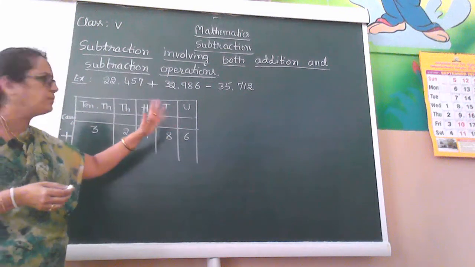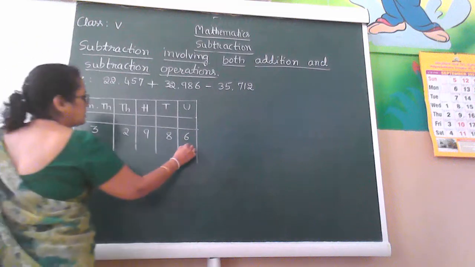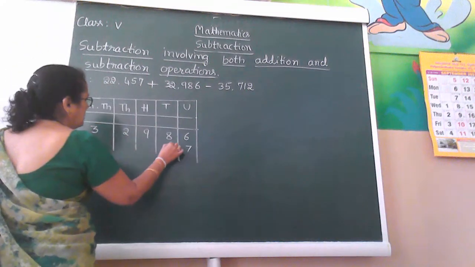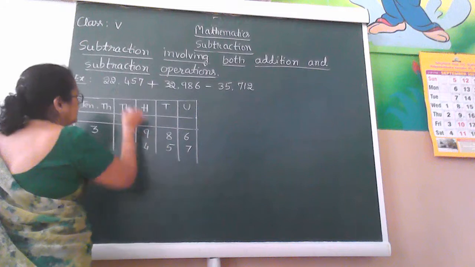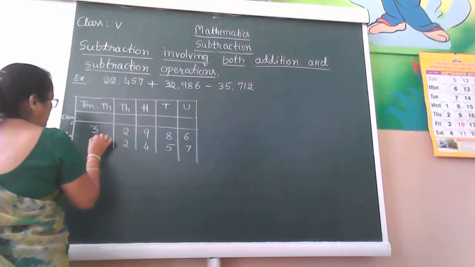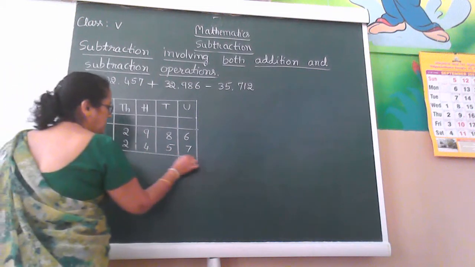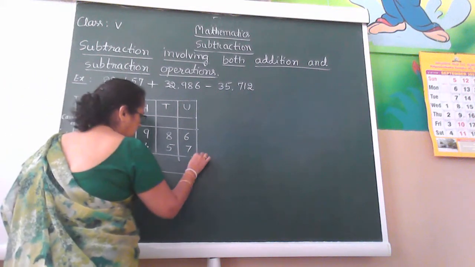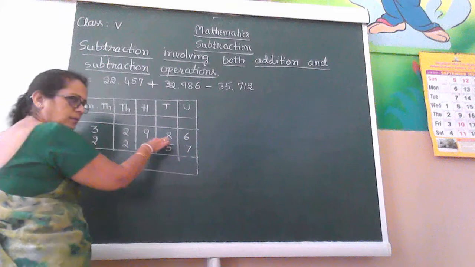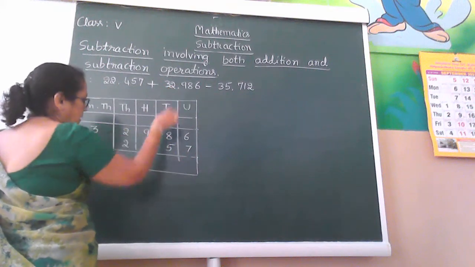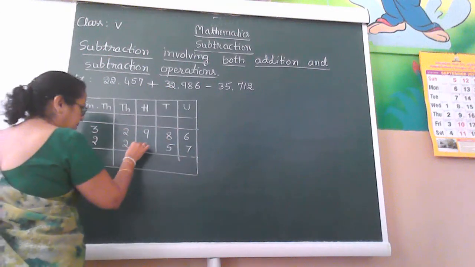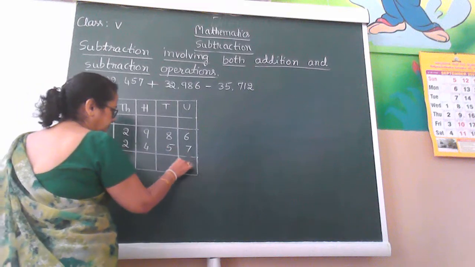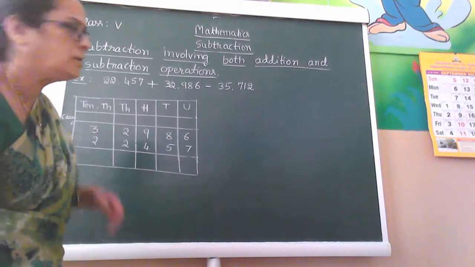It is left to you. Okay. Next you write this 7, 5, 4, 2, 2. Okay, children, in addition, you can write either this one plus first one or either this. After you will get the same answer. Okay. Now you add this to first.